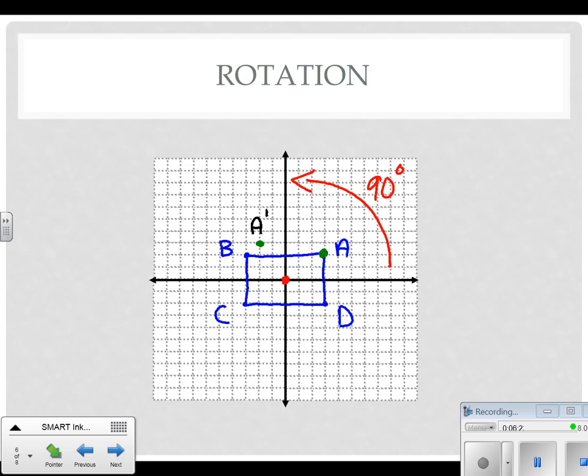So now what we'll do is we'll take B. The B right here is at negative 3, 2. So we want to flip those numbers around. So it's negative 3, 2, flip them around 2, 3. But to get into the third quadrant, you have to go negative, negative. So it's negative 2, negative 3. This is where our B prime would be located. The C right here is at negative 3, negative 2.